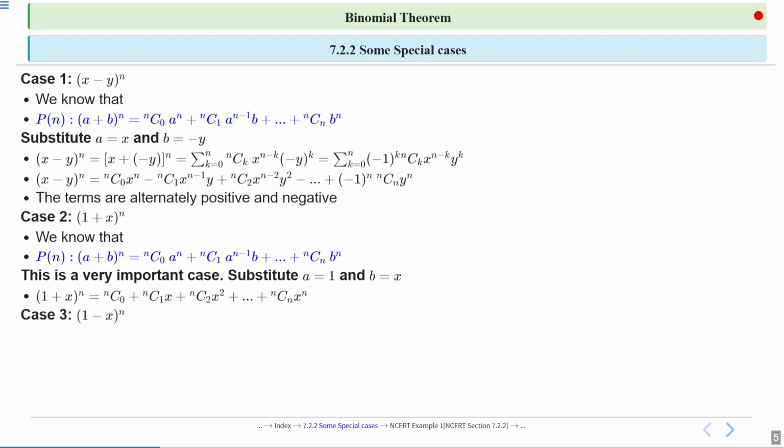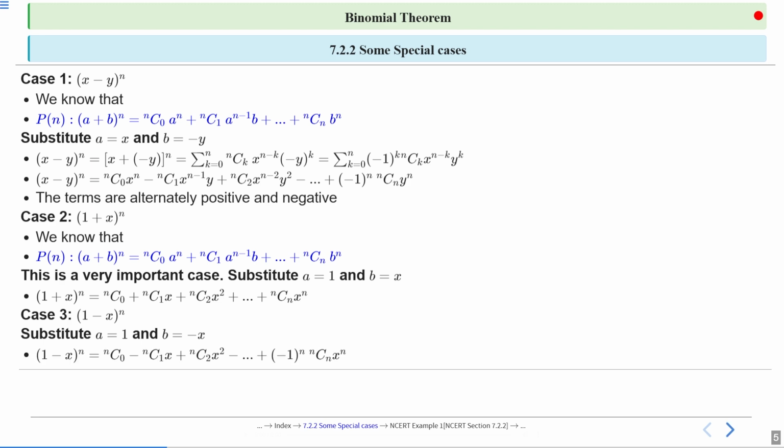Finally, let's consider case 3, where we have the expansion (1 - x)^n. This case is similar to the previous one, but here the terms will alternate between positive and negative. For this case, we substitute a = 1 and b = -x into the binomial expansion formula.